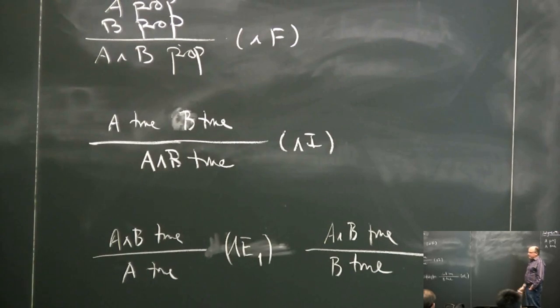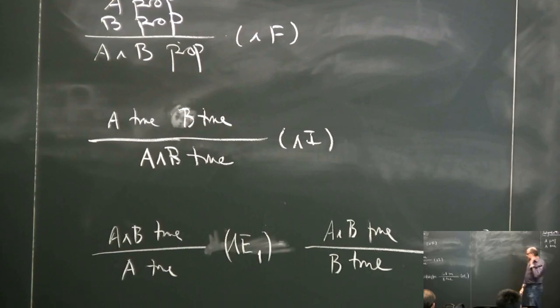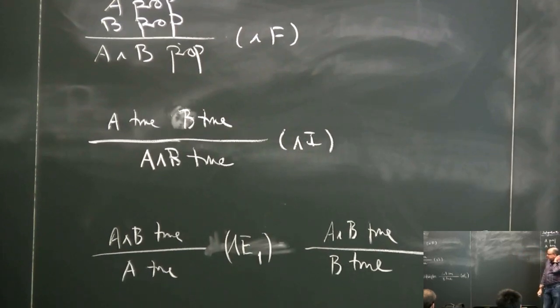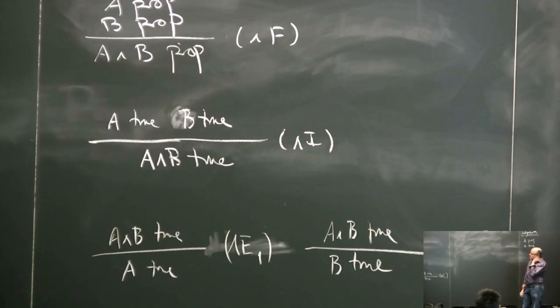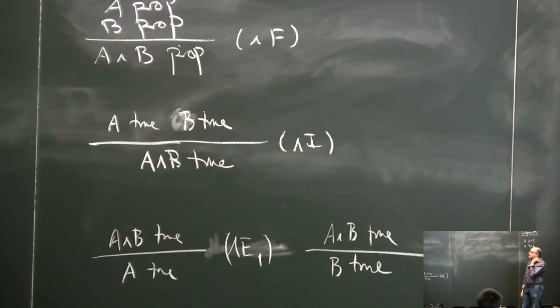I'm just giving you little hints of where these things are going, because this is something I'm eventually going to criticize homotopy type theory on: the rules are not arbitrary, and the whole game of what we're doing here is not to treat type theory as just yet another axiomatic theory that happens to be my favorite one.